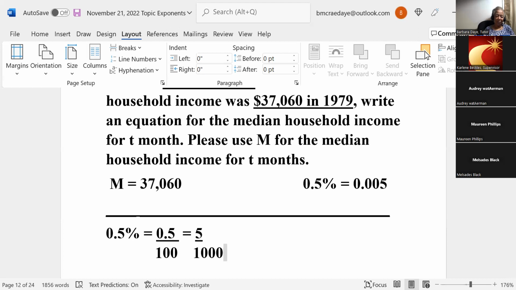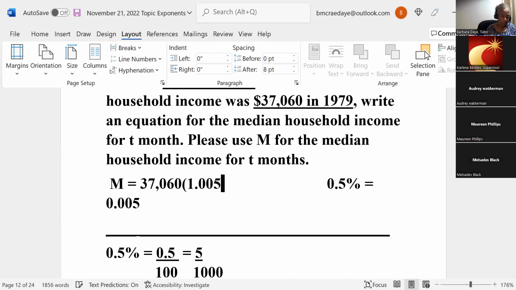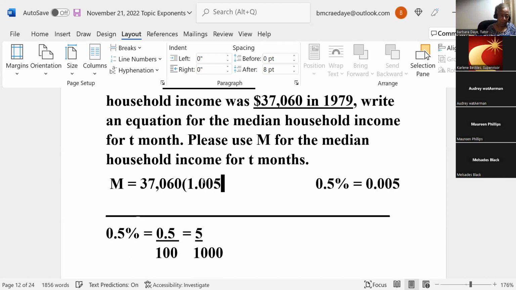If I add 1 to that 0.005, that becomes 1.005. And raised to what power, Mercedes?